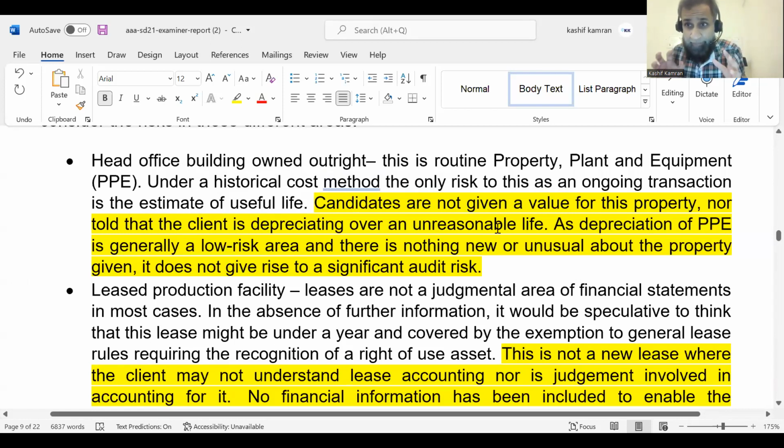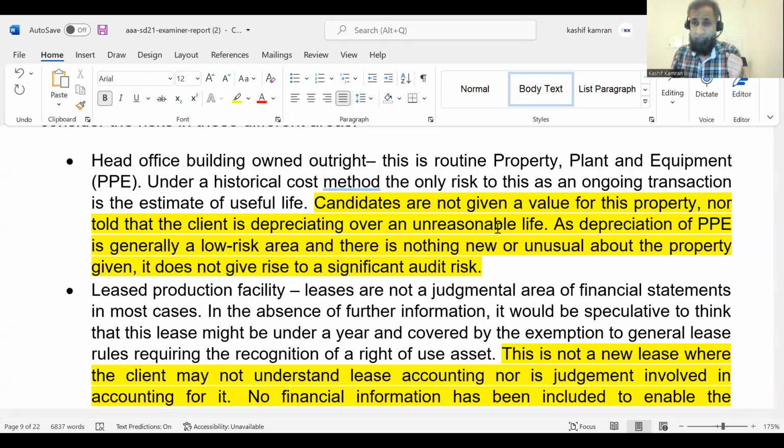See, when the examiner was telling you that the company owned a head office, was the examiner telling you more information about the head office? Was the examiner telling you about the useful life of the head office, about the depreciation policy of the head office? The examiner was silent. Was the examiner even giving you a value of the head office? No. So that means it was an unimportant risk. A lot of time a risk becomes important when you have the materiality calculations involved with it.